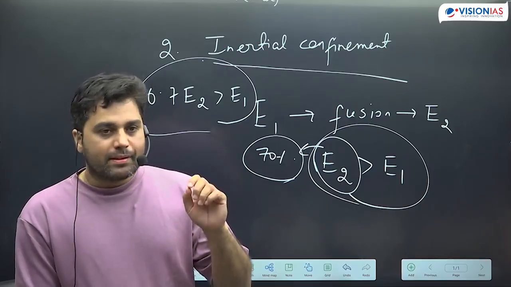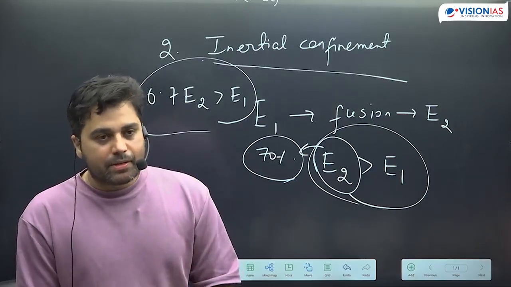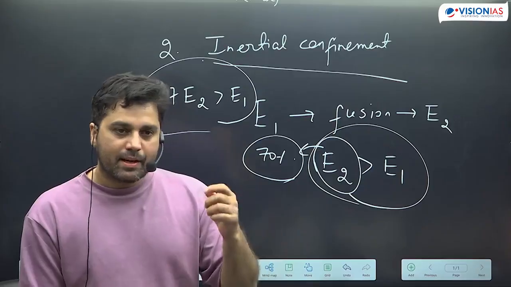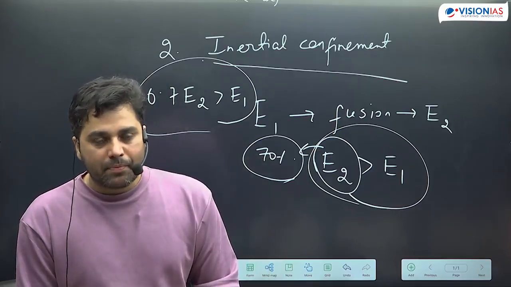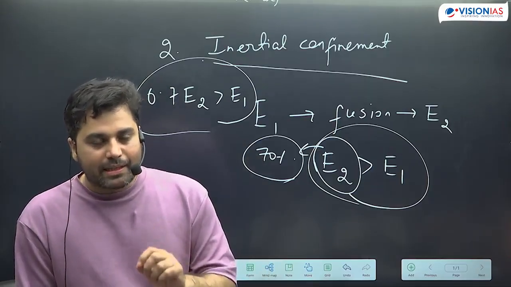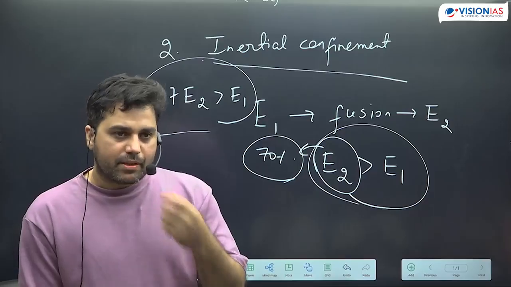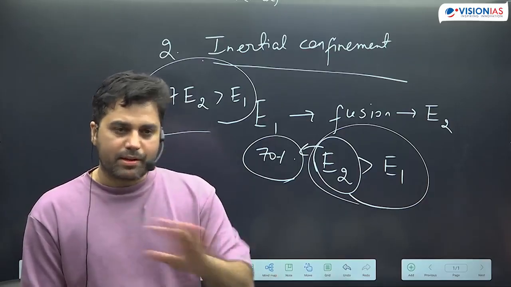So even at that temperature, how is fusion possible? To appreciate that, you need some knowledge of quantum mechanics and a phenomenon called quantum tunneling. Fusion occurs in stars because of a very, very low probability event associated with quantum tunneling, which is not required here.